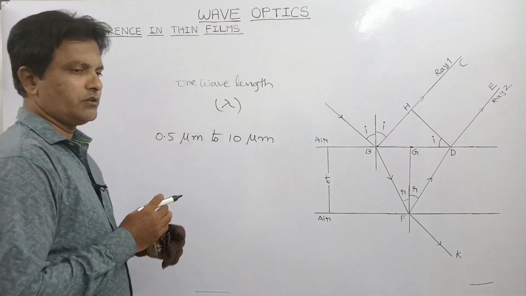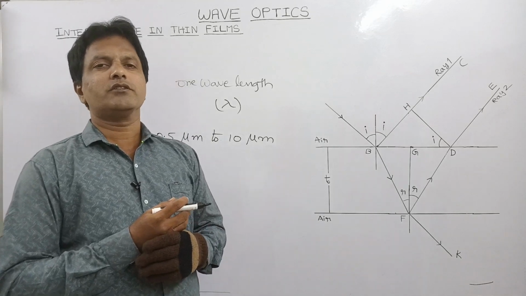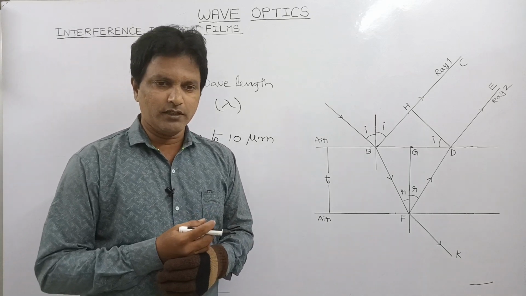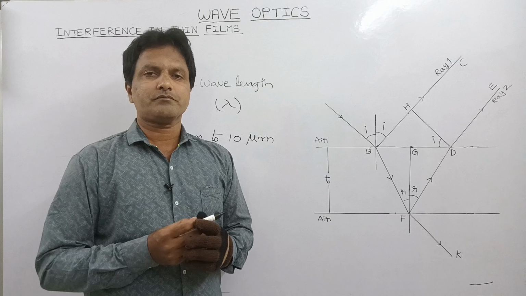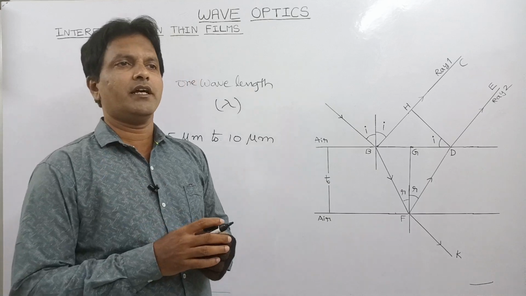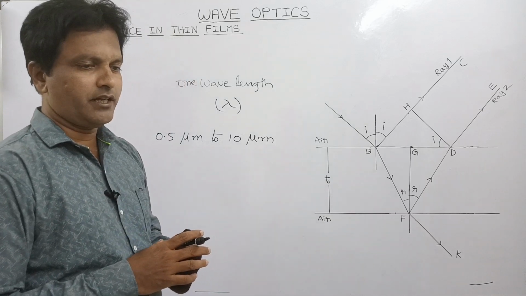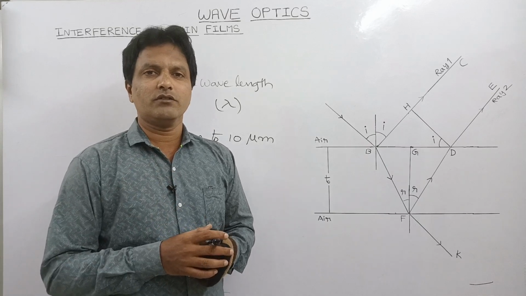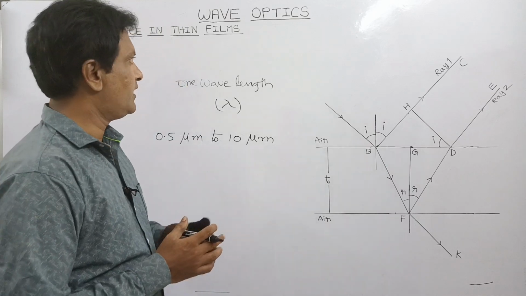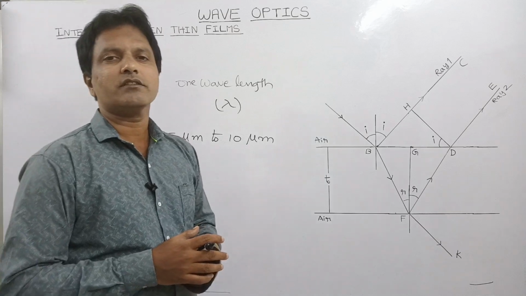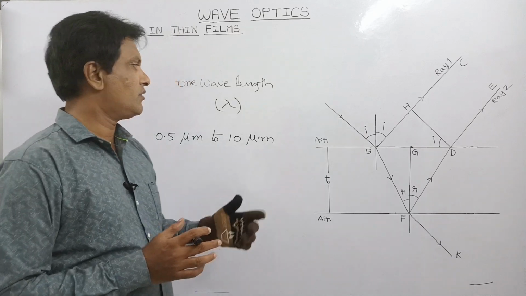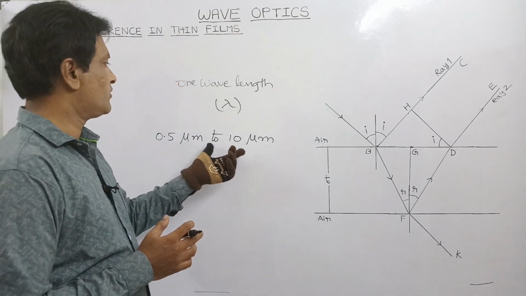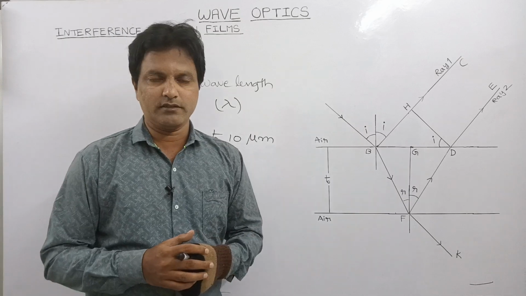Most thin films are transparent sheet-like structures made of glass or mica, or an air film is also sometimes considered a thin film if its thickness is in the order of 0.5 micrometers to 10 micrometers.